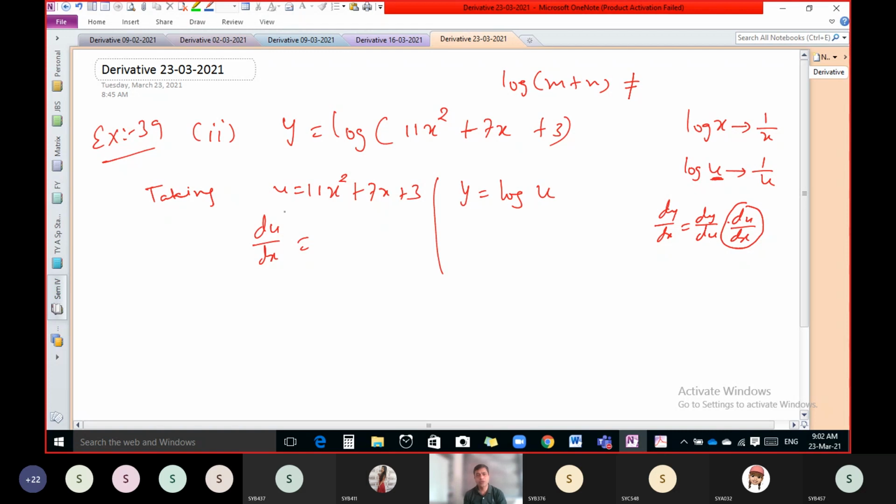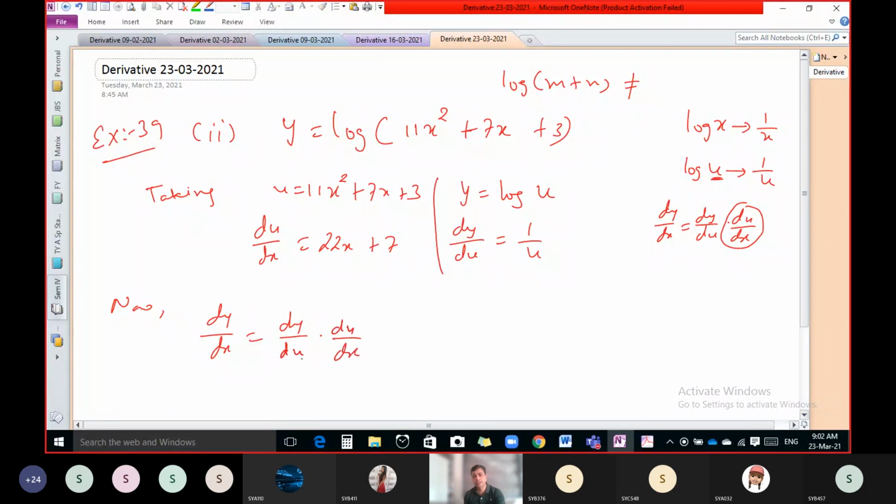Now tell me the derivative of u. 22x plus 7, correct. And now the derivative of y with respect to u is the same as log x with respect to x, so log u with respect to u is 1 upon u. Now by chain rule, dy by dx is nothing but dy by du into du by dx.